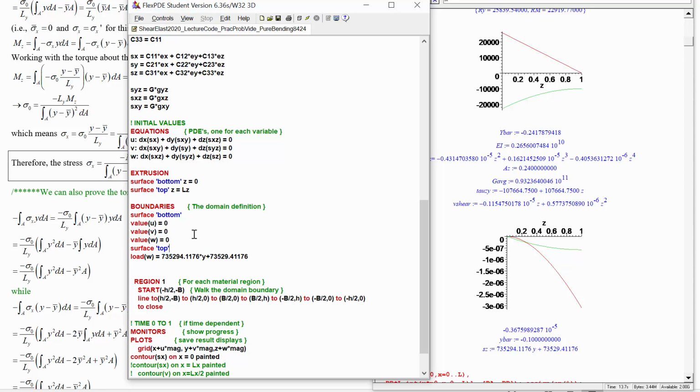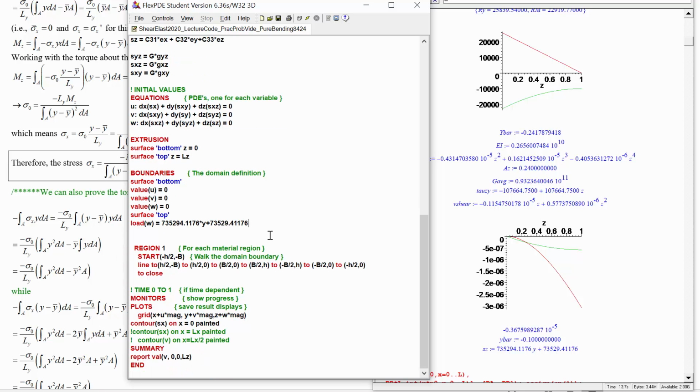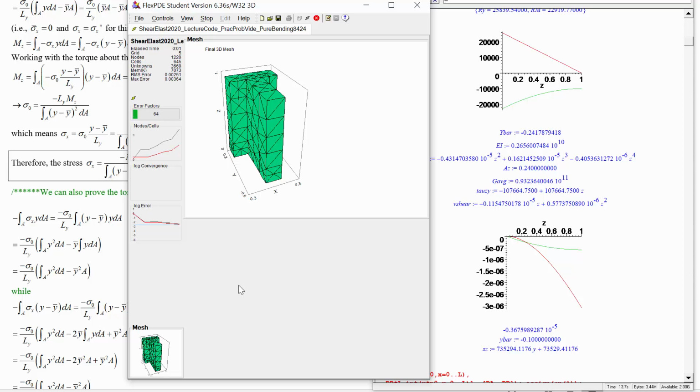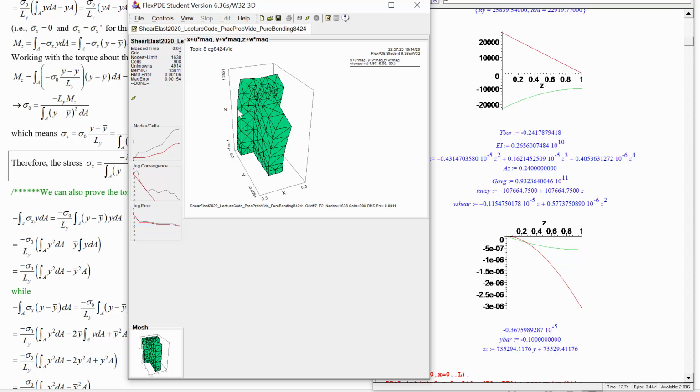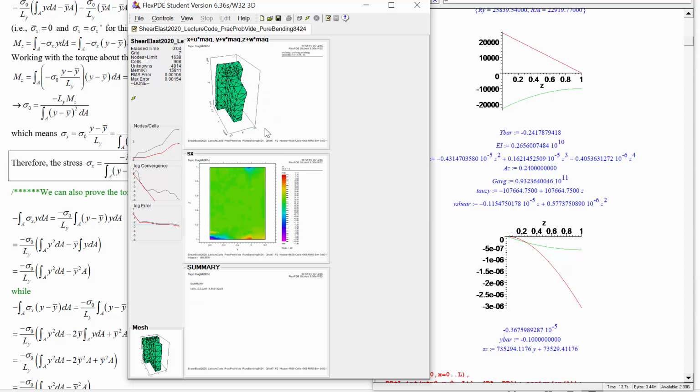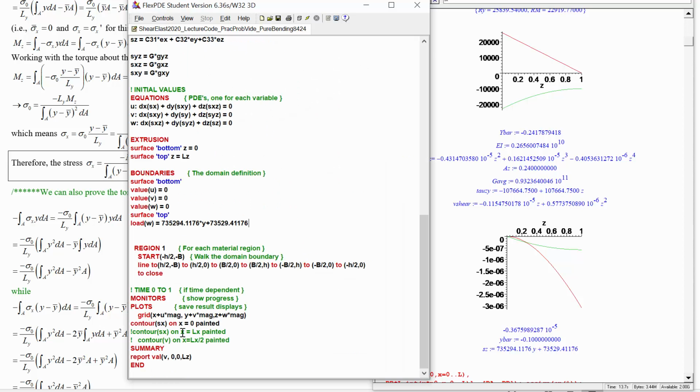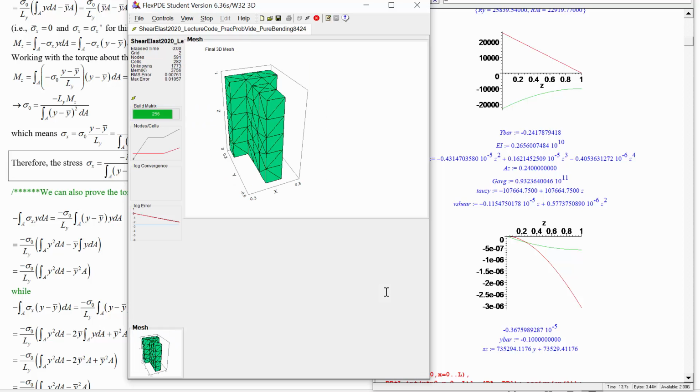So besides the end effects here, the anchor effects, we should get a displacement from a pure bending setup. We can make this plot a little bit better here. Rather than on x equals 0, let's plot the stress in Z on Z equals 0 and see what that looks like.